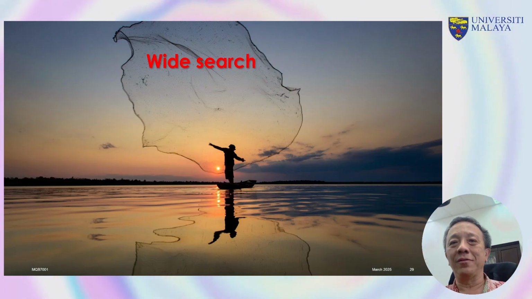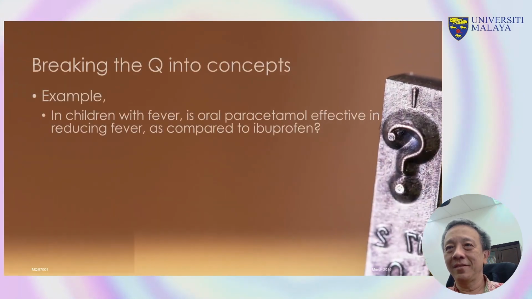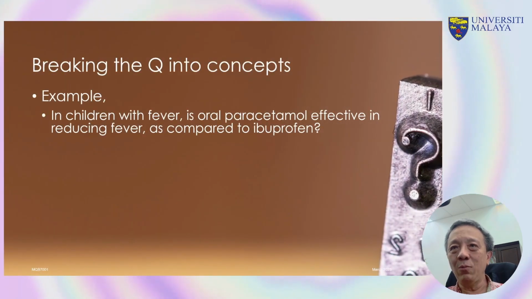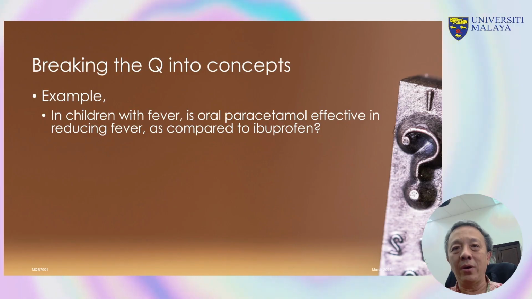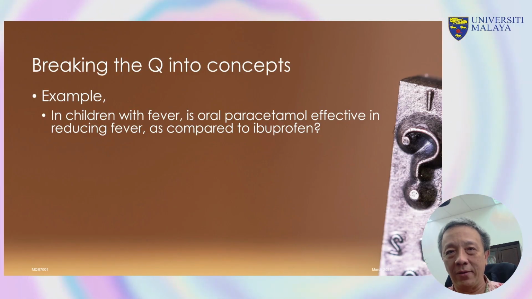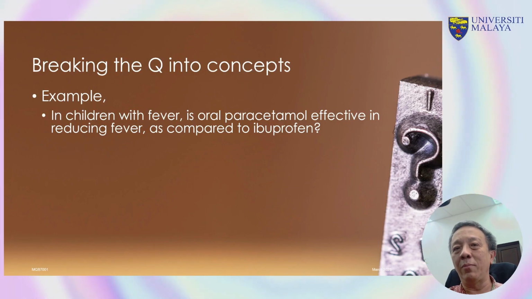All right, let us move on. Move on to breaking your question into concepts, breaking them into the PICO, PEO, or DDO. Let us look at one example question, a simple question which we use all the time. All right. In children with fever, is oral paracetamol effective in reducing fever as compared to ibuprofen?